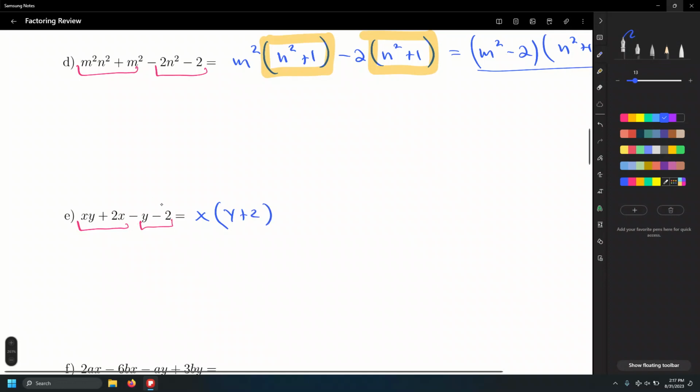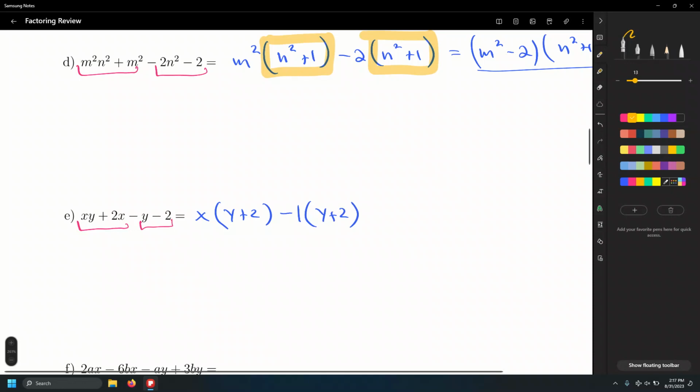And then what about the greatest common factor in the second group? Any ideas? Negative 1, right? So the negative sign is in common. And you don't have to write this negative 1 right here. However, I would write it just so you can see how the next GCF is going to work.